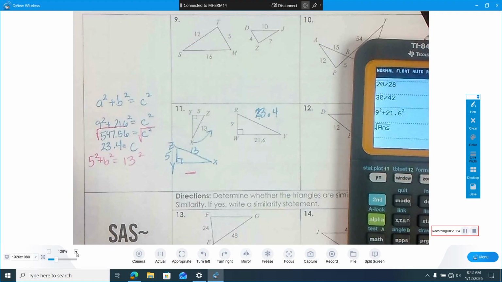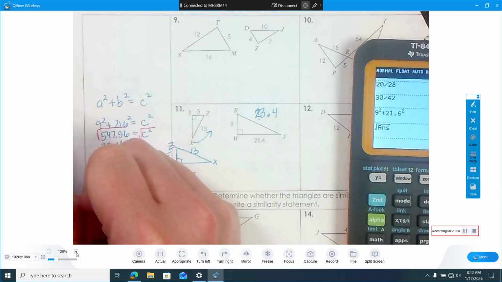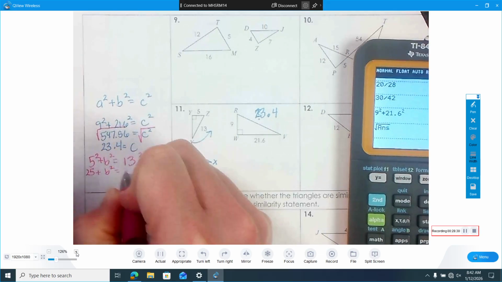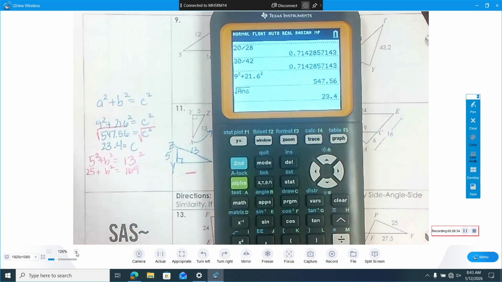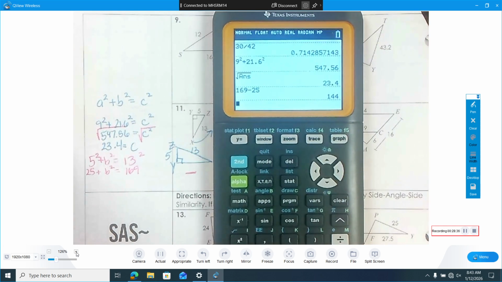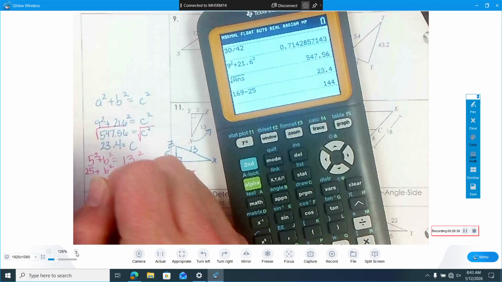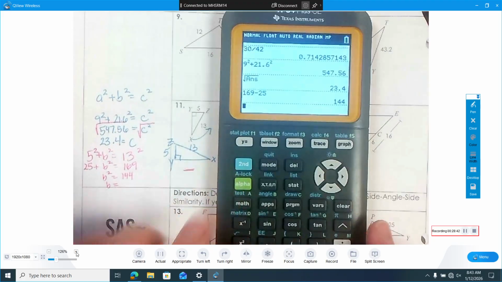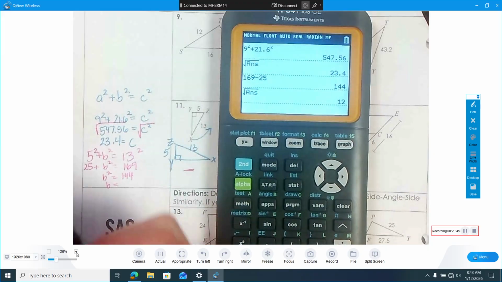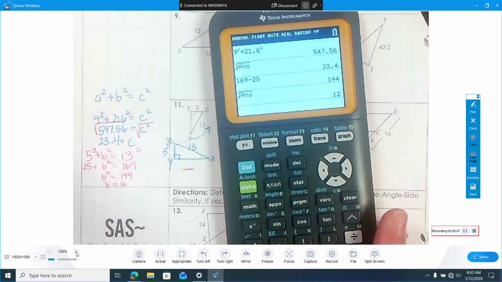So 5 squared plus B squared equals my 13 squared. Let's see, that's 25 plus B squared equals 169. And then we can minus 25. So we get B squared equals 144, which means square root B equals 12.